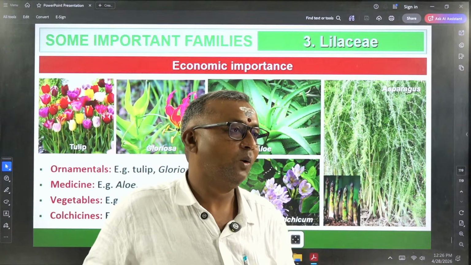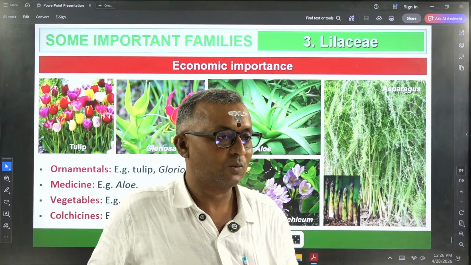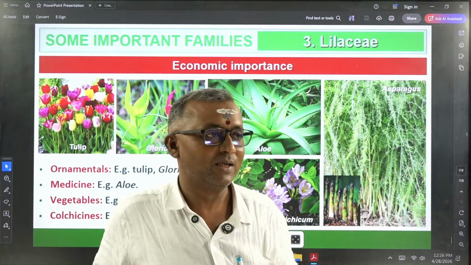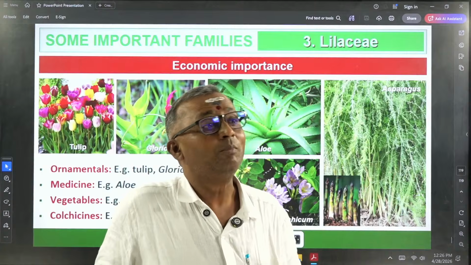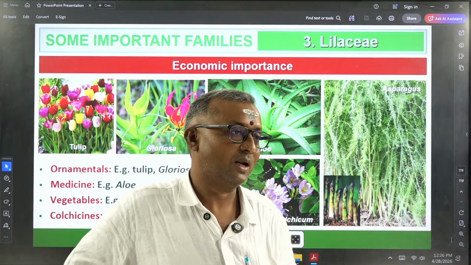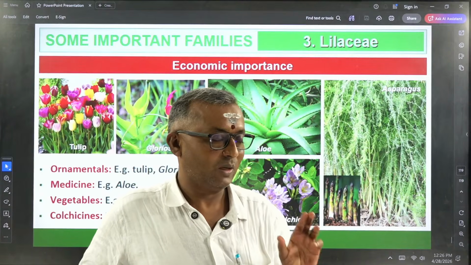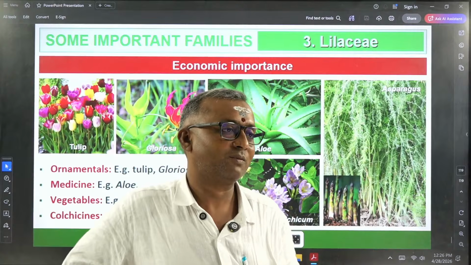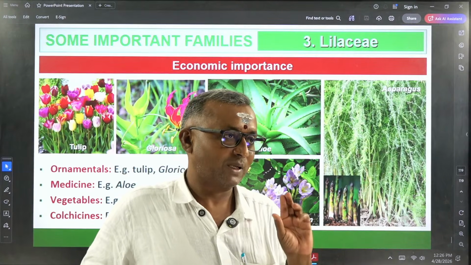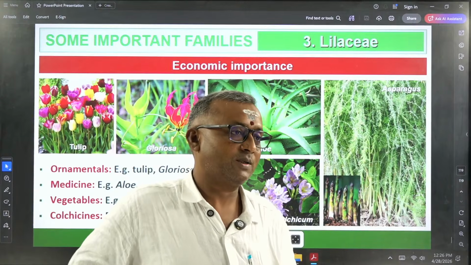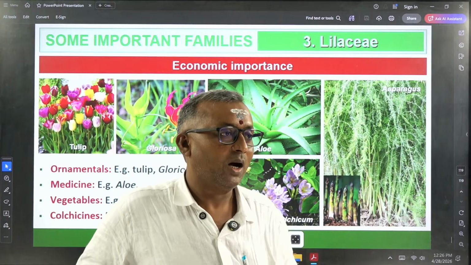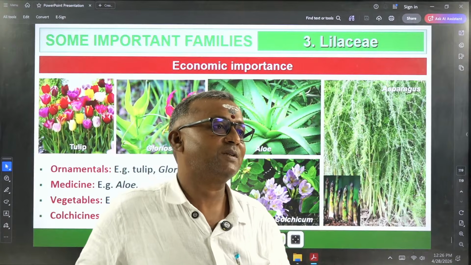No. Lycopersicon esculentum is the previous name, but now this tomato plant is called Solanum lycopersicum. As per the current nomenclature we have to follow. Now the present name of tomato plant is Solanum lycopersicum. Aloe vera, aloe itself is a scientific name.